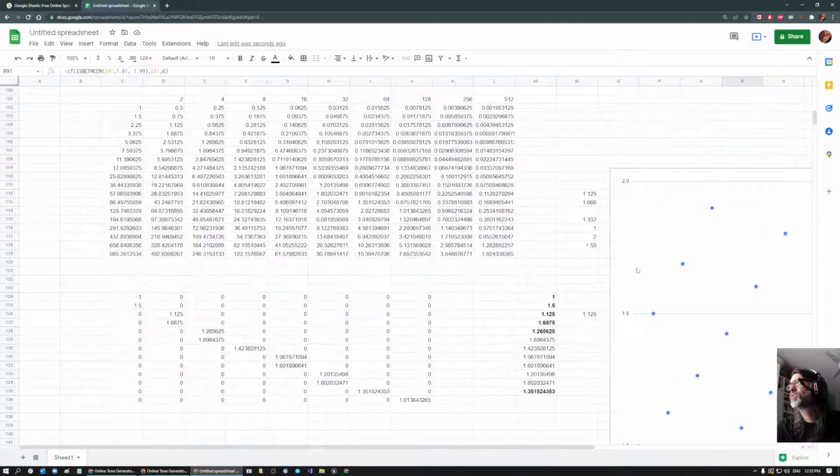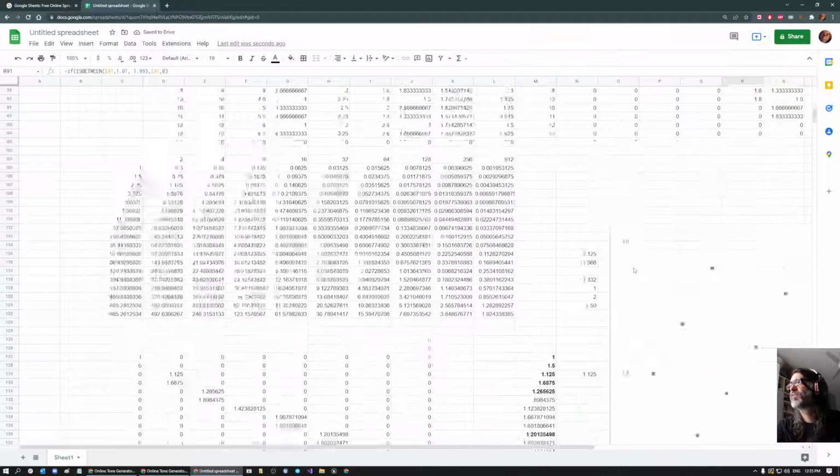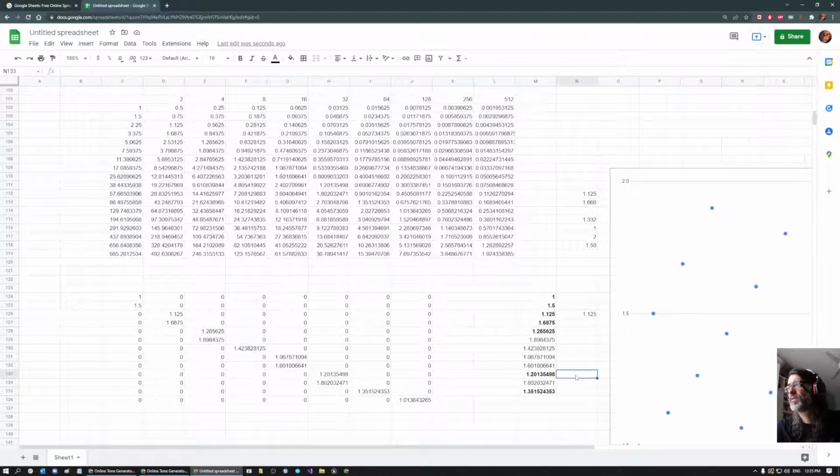But this one, 1.2, right here. That was this 1.2. It's 6 divided by 5, so not too bad. Small ratio right here. Nice.